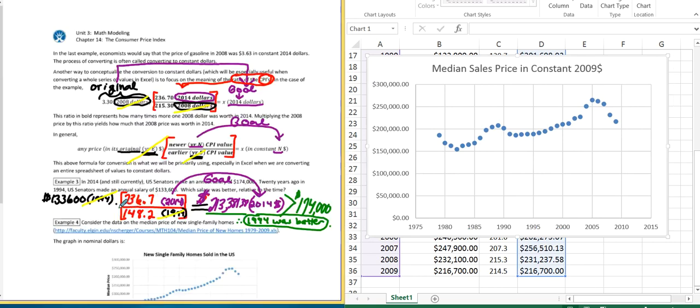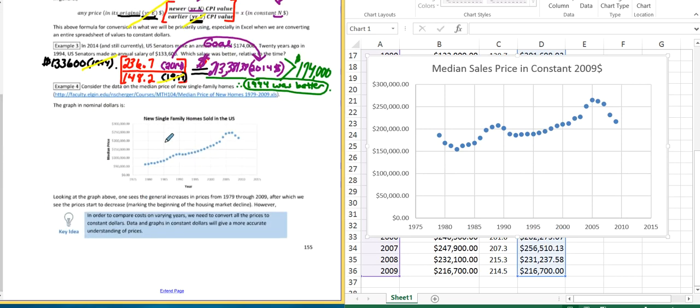So if we went back to the one that I had in the notes, this was the graph in nominal dollars. So in nominal dollars, it's much more of just this kind of constant increase with the exception of the few last years. Now what we get is some decreases, some increases, some decreases, some areas that are more level. Generally speaking, less variance overall. Over in the nominal dollars graph, we started just over 50,000 and went all the way up to 250.